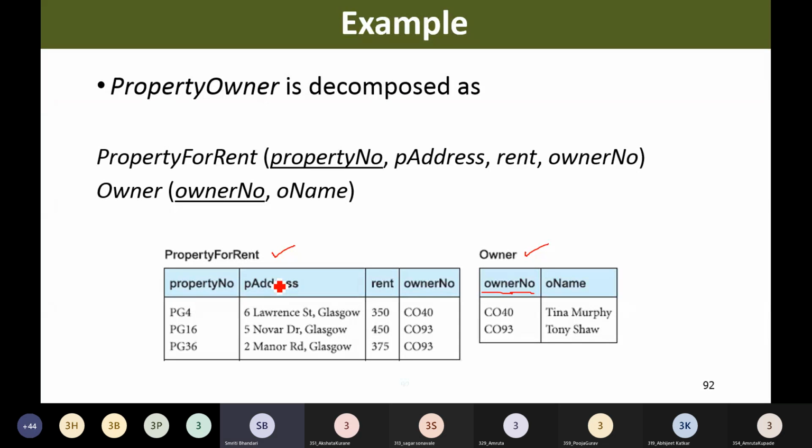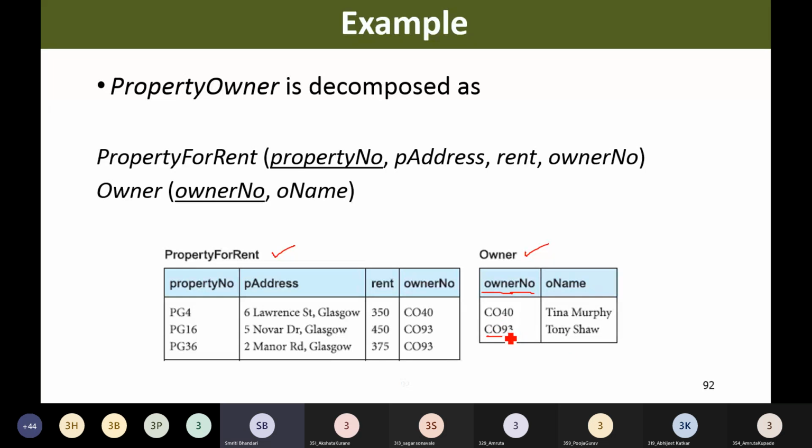So the earlier 2NF relation is now decomposed such that we have these two relations in 3NF, because we have removed the transitive dependency. Please see here: if I want to change the name of the owner with owner number CO93, I need to perform only one update in this table, owner.